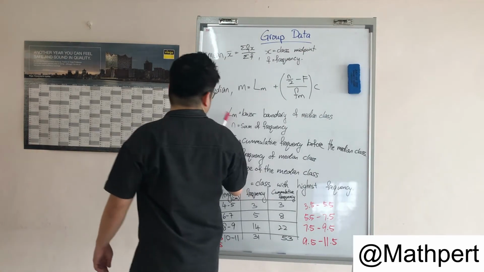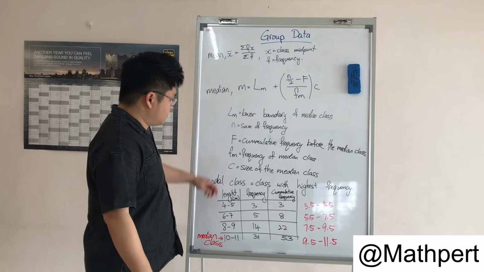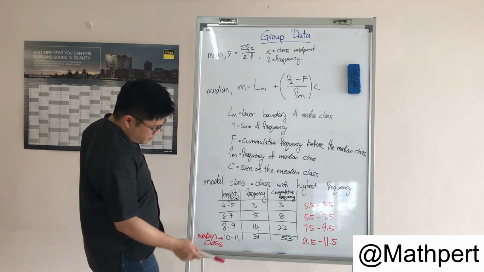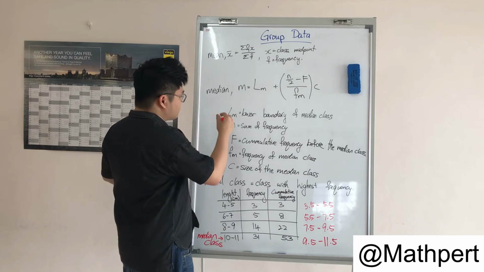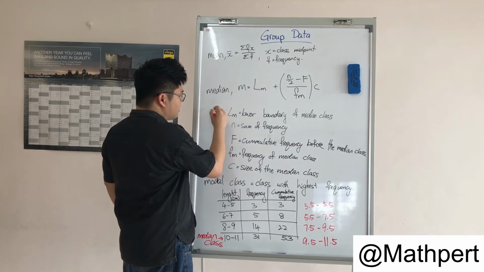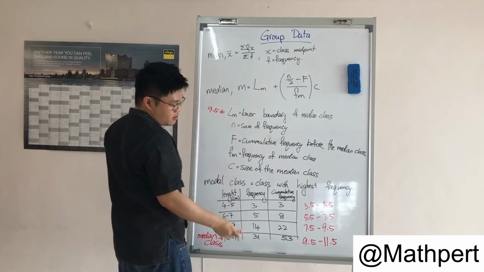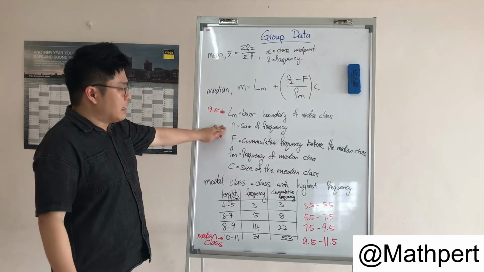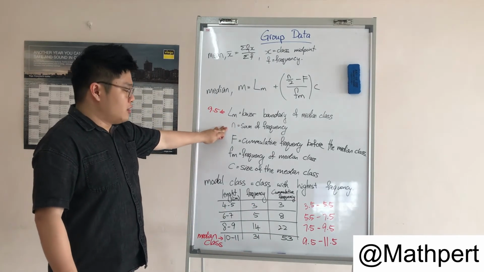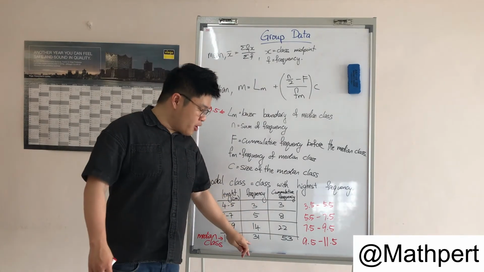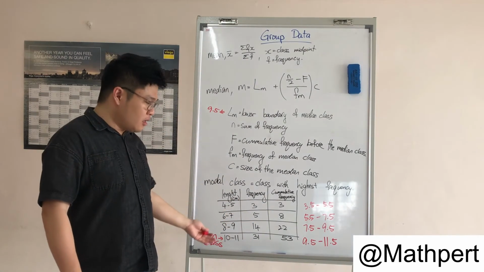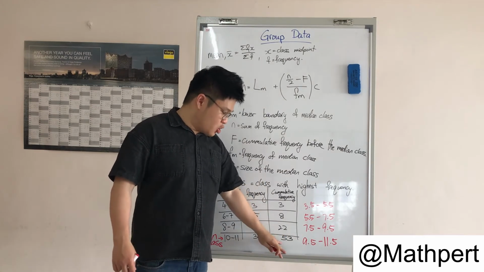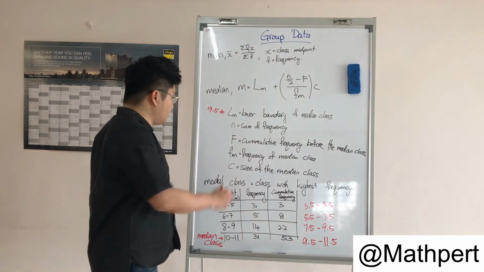So LM, lower boundary of median class. In this example, this is 9.5, lower boundary of median class. And sum of frequency, meaning just add up all the frequency. Alternately, we can get the bottom of the cumulative frequency, which is 53.